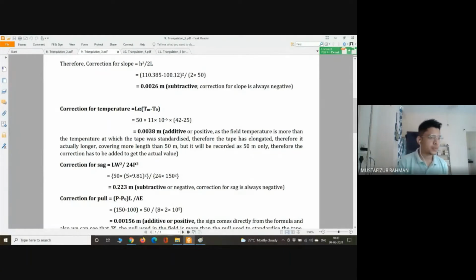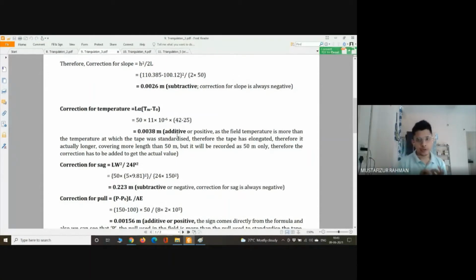So in case of temperature correction, if the value is positive here in this formula, the correction is positive or additive. If the value is negative, the correction is negative.